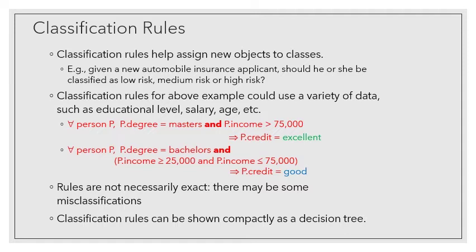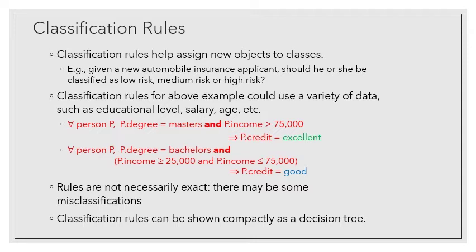Or for all persons P, P.degree is equal to bachelor's and P's income is greater than or equal to 25,000 and P's income is less than or equal to 75,000, that is, P's income is in between 25,000 and 75,000, then we can say P's credit is good.